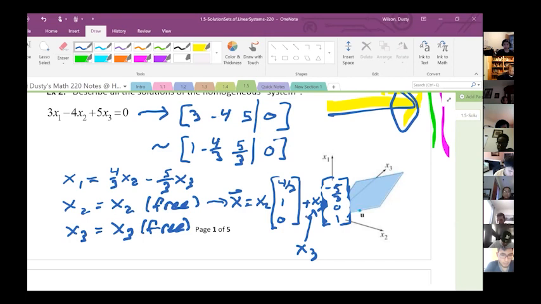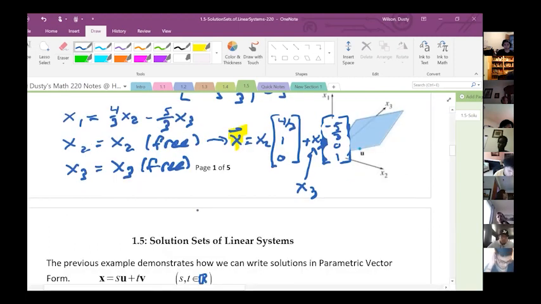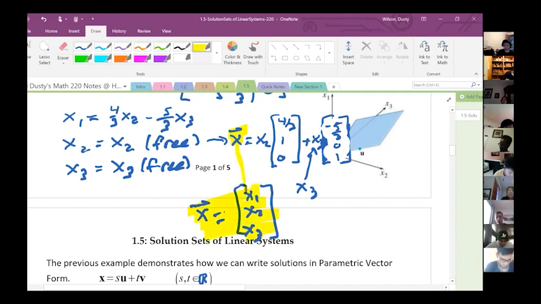All right, so what's important about this is that x right here is just x1, x2, x3. This connects a little bit with Calc 3, Calc 4 with planes.